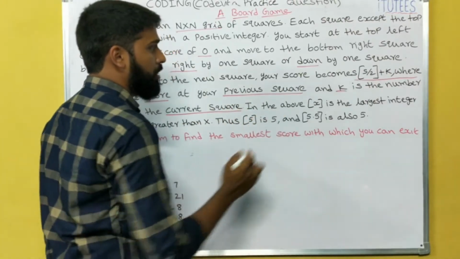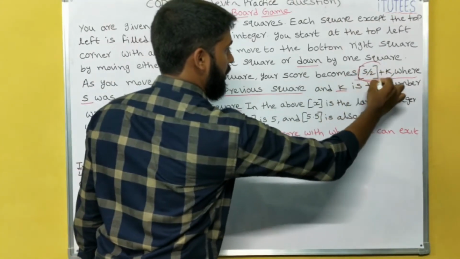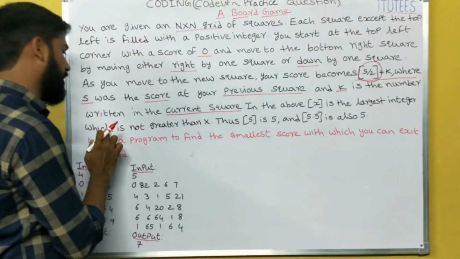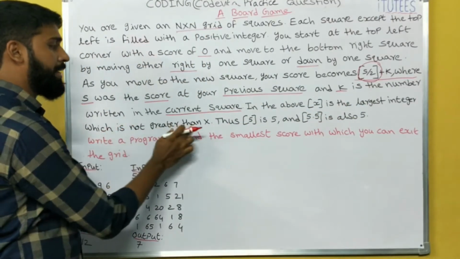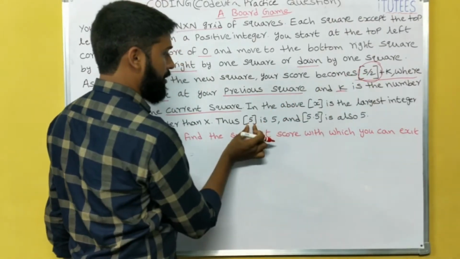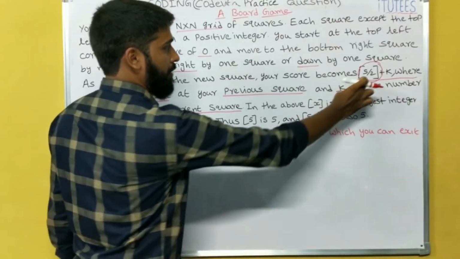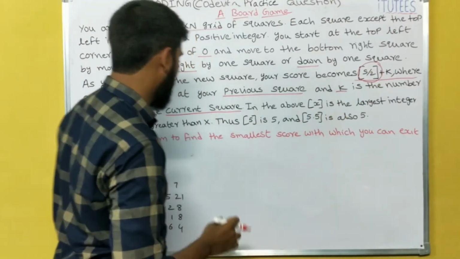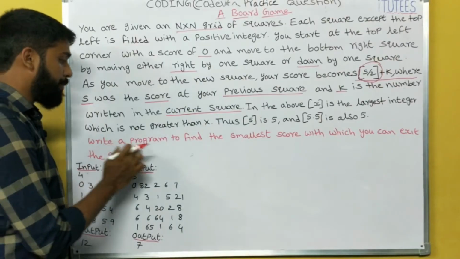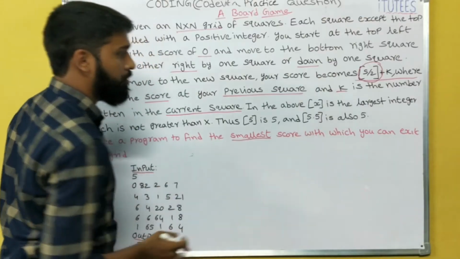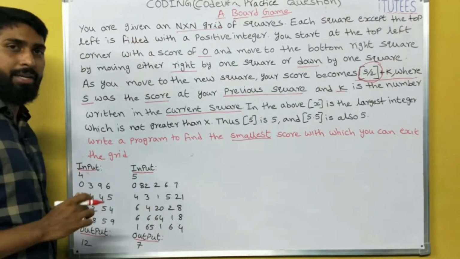In the above, floor(x) is the largest integer which is not greater than x. So that means if this value becomes 5, the value is 5. If it is 5.5, then also the value is 5. So our task is to write a program to find the smallest score with which you can exit the grid.